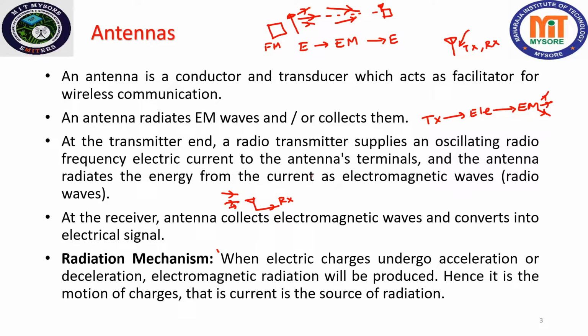Another point to note is that electromagnetic waves travel with the speed of light, that is c equal to 3 into 10 to the power 8 meter per second. This is the speed of EM waves as well. That means these EM waves travel to any place on Earth within no time. So within no time it can reach any corner of the Earth.